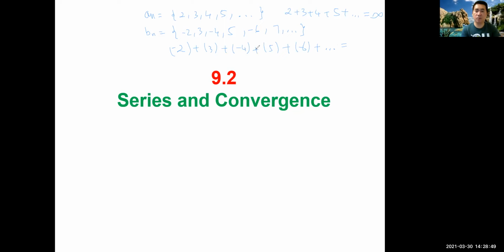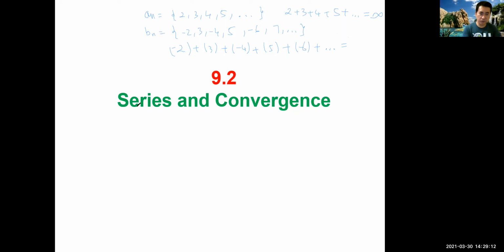I probably cannot tell. So if the sum of all the terms in the sequence adds up to a finite number, then the series has a finite sum, and we say the series converges.